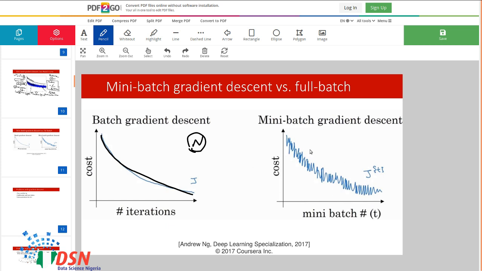But when you use mini batch gradient descent, you are estimating the gradient with a limited number of training data, so your estimation is not accurate and you have some jittering.